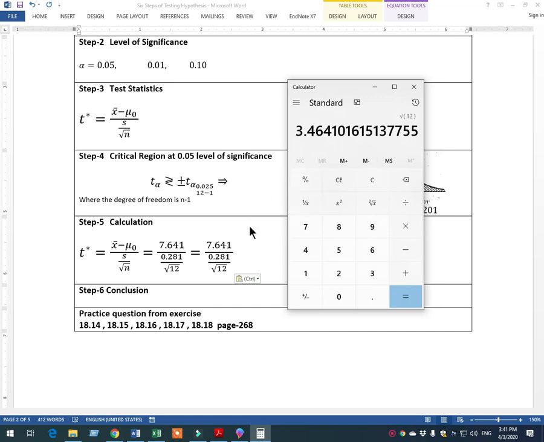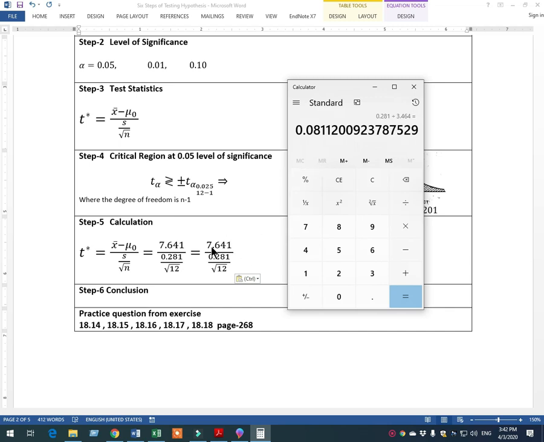We will be dividing 0.281 by 3.464, so that is 0.0811.